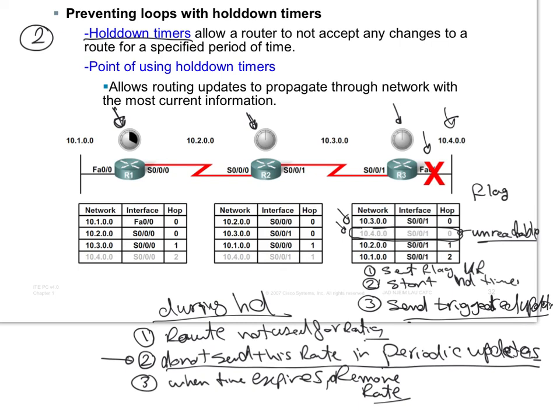It's just setting the metric of that route to 16. That's it. Okay, but it's very slow in terms of reaching convergence. So hold down timer tries to solve this slow performance. However, it has to introduce all this logic, which is fairly complicated. Clear, guys? Any questions?